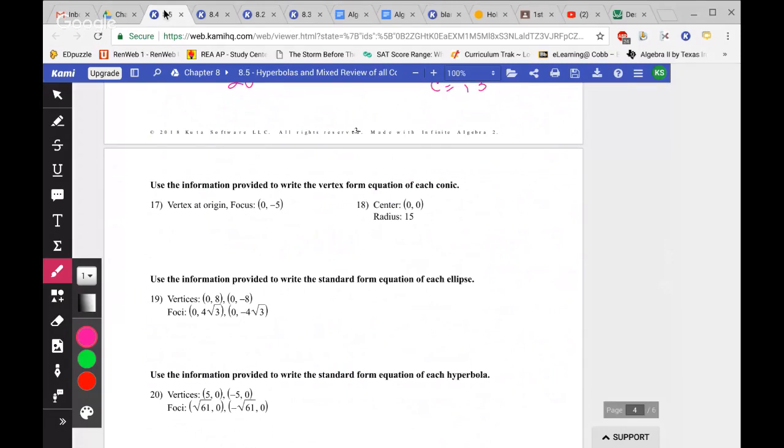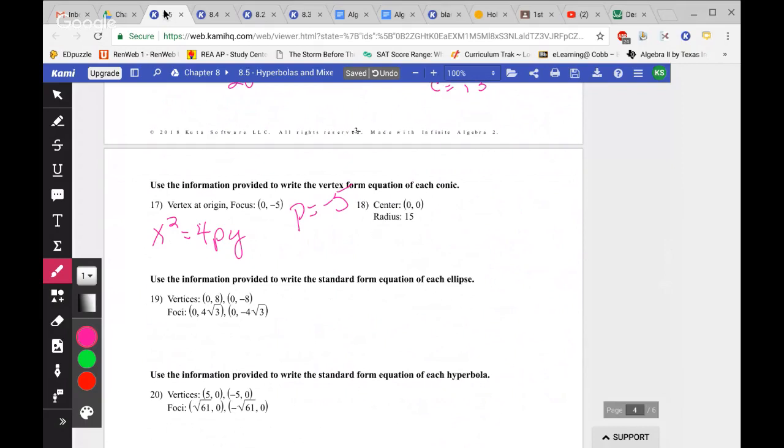So the equation that I'm going to be working with is x squared equals 4py. And what I know is that p equals -5, because of the focus and the directrix. So remember, the focus would be 0, -5, and the directrix in this case is going to be y equals 5, the opposite.